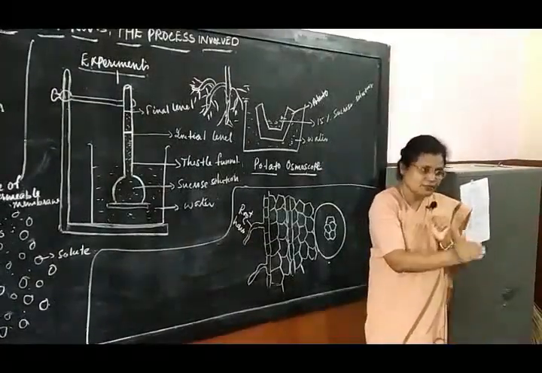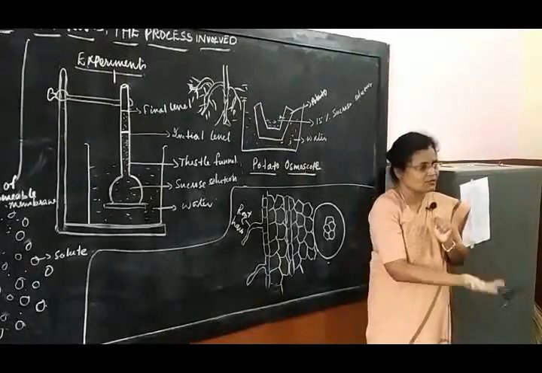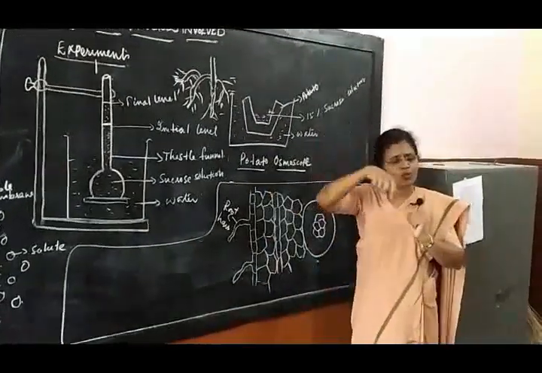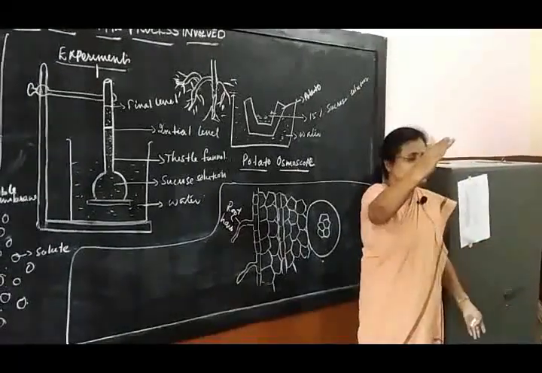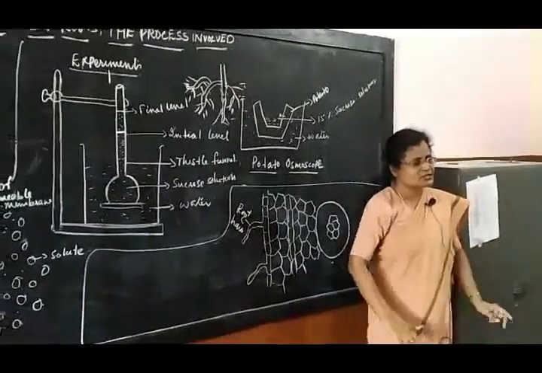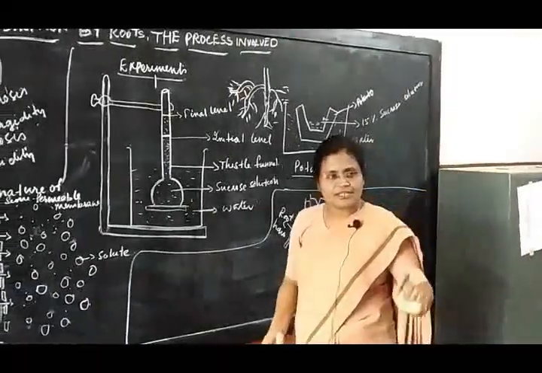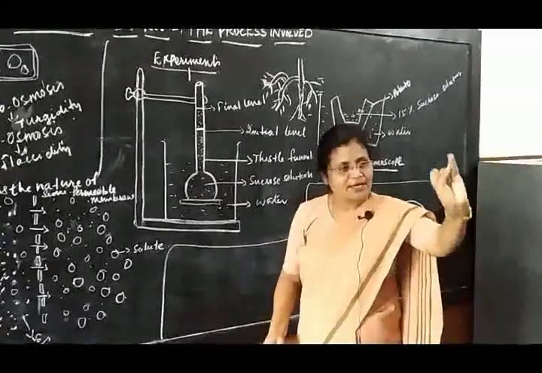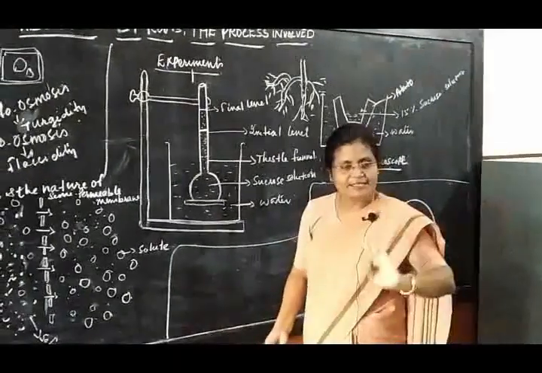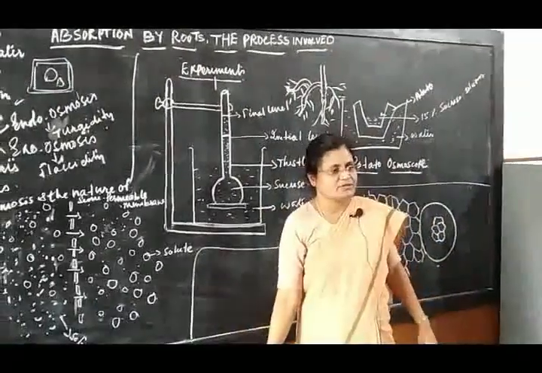Potassium permanganate is an example of diffusion of solid particles from the region of high concentration to lower concentration. You pour water in one area, one bucket of water, and it flows to the area of lower concentration. So this is diffusion. I repeat, the definition of diffusion is movement of molecules, which may be solid, liquid or gas, from the region of high concentration to the region of lower concentration.